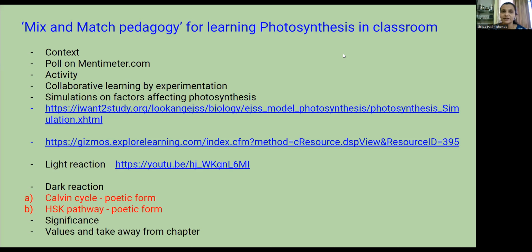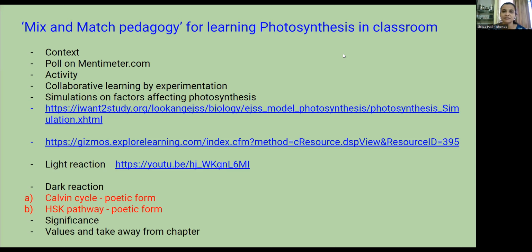There are multiple innovative pedagogies like gamification, flipped classroom, experiential learning, project-based learning, collaborative learning. So instead of using any one, we can mix them according to the requirement of the unit or topic, and we can design that lesson.